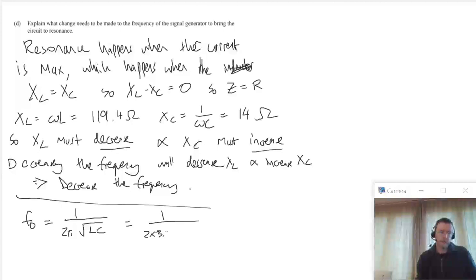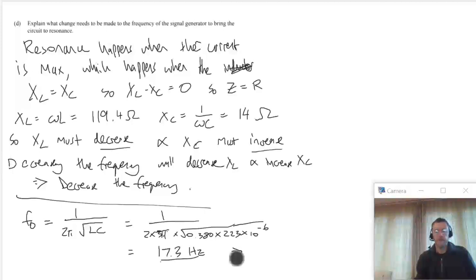Times pi, let's just use pi here, times the square root of 0.380 times 223 times 10 to the minus 6. And if we calculate that, we get 17.3 hertz. And you still got to say, therefore, decrease the frequency.